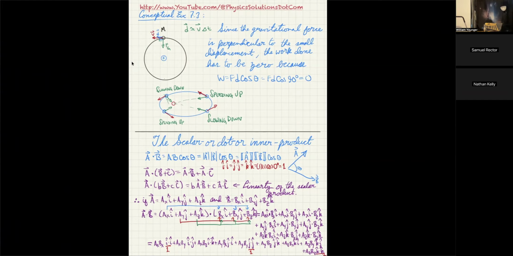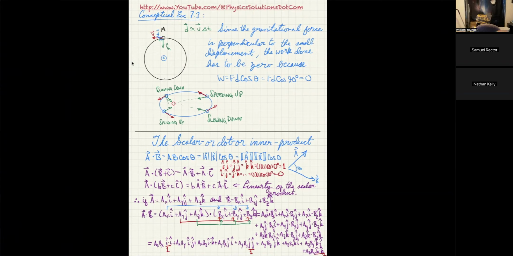Now, if you try i hat dot j hat, which also equals j hat dot k hat, and every other combination, so ij, ji, ik, jk, all those different ones where they don't match, they're all going to give you 1 times the cosine of 90 degrees, which equals 0.